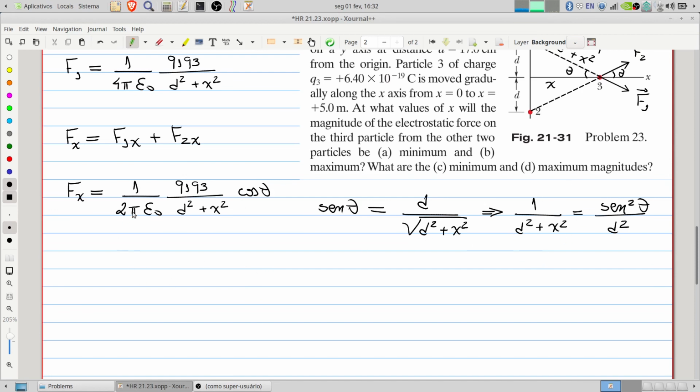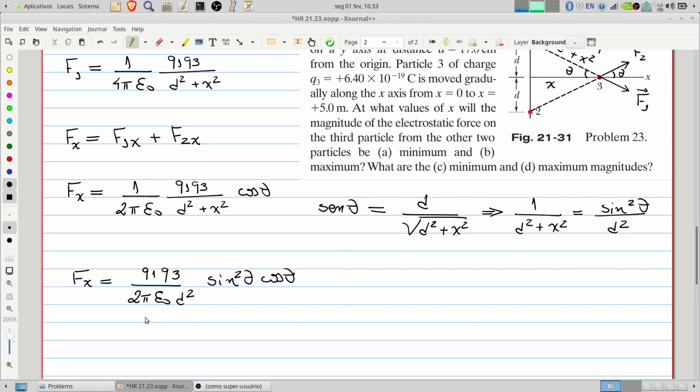Using this, we can write that Fx equals 1 divided by 2 pi epsilon 0 d squared, times q1 q3, times sine squared of theta multiplied by cosine of theta.